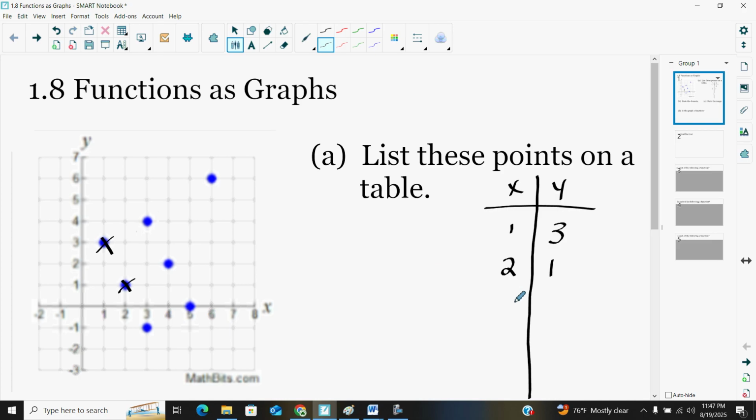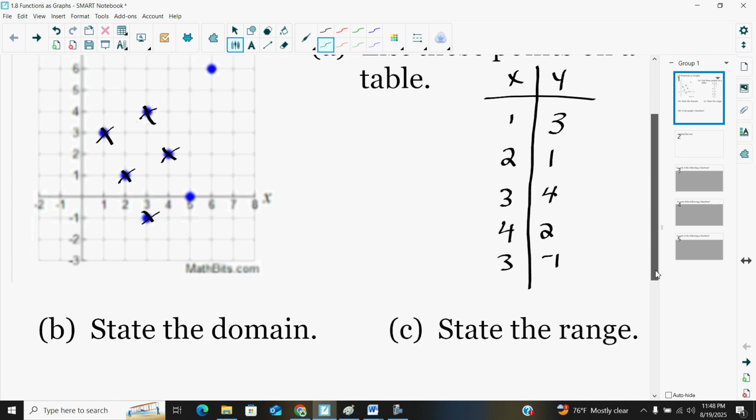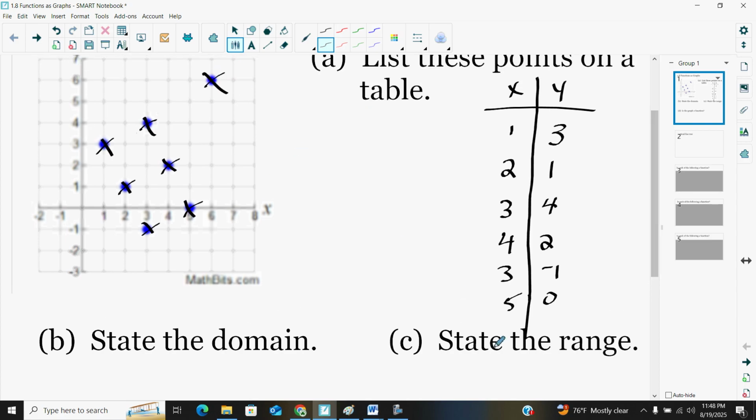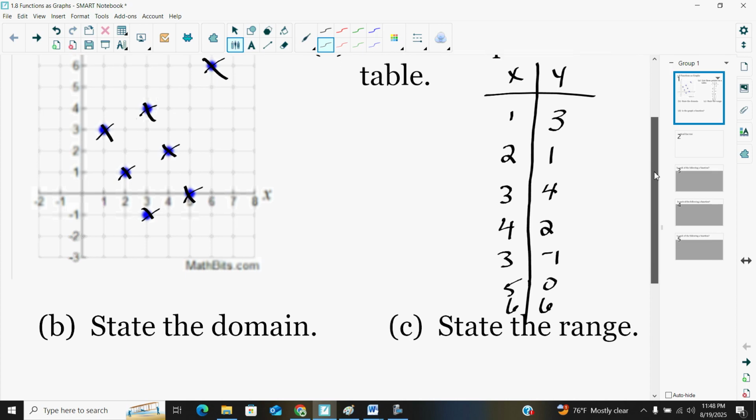We've got 3, 4. 4, 2. 3, -1. 5, 0. And that point up there, that's almost off your screen, 6, 6. So that's just a matter of taking the point, rewriting it onto a table.